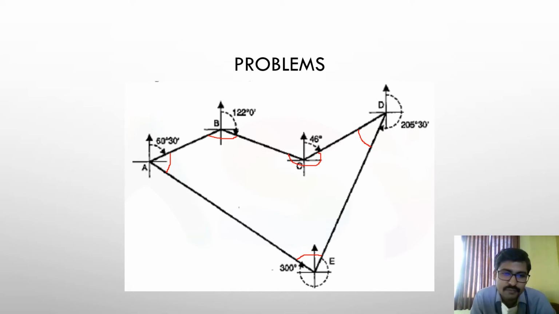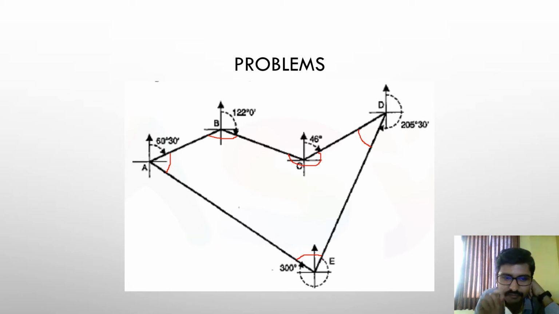Okay, so when the forward bearings of all the lines are given, you can draw this with respect to the bearings given. How you need to proceed with drawing this is, first you need to have the north direction like this. At point A, you have the north direction written, the plus mark. So first put up the plus mark and look at the bearing of the first line AB.